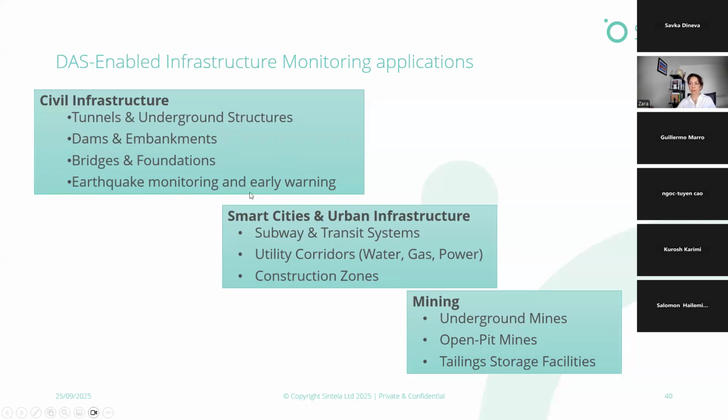There's a lot of work going on in early warning of earthquakes using the existing fiber optic networks in the oceans and in the cities. For smart cities and urban infrastructure, subways, and transit systems, there's a lot of monitoring of power lines with DAS happening, gas lines, and construction zones, which are other applications.